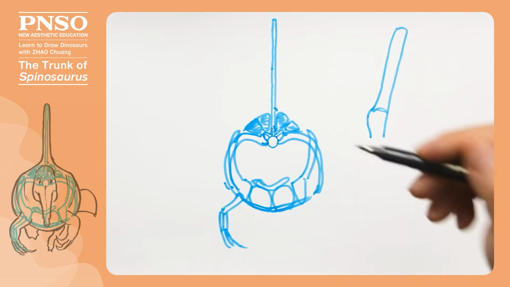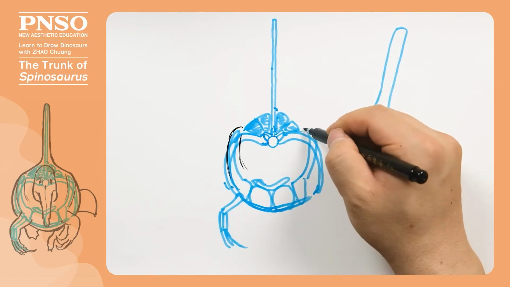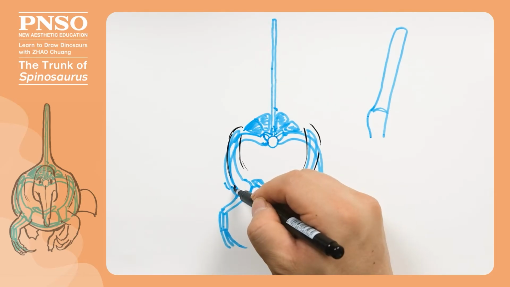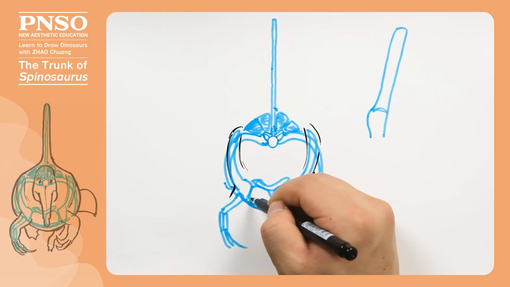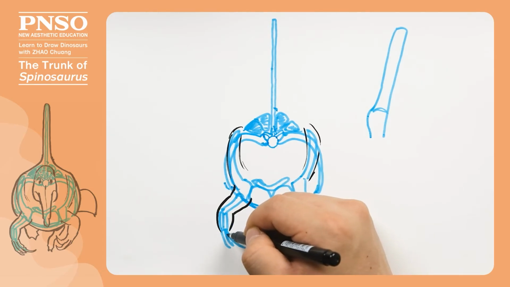Next, let's reconstruct the outline of its body. When viewed from the front, its shoulders were probably here. Then moving on to its arms. Hand.